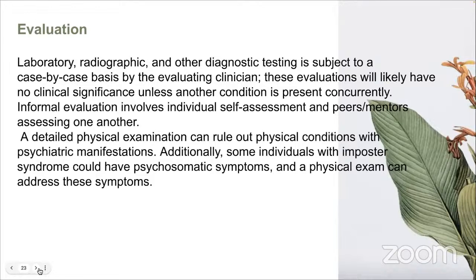These evaluations will likely have no clinical significance unless another condition is present concurrently. The other way of evaluation is informal evaluation, either by individual self-assessment or by peers and mentors assessing one another.